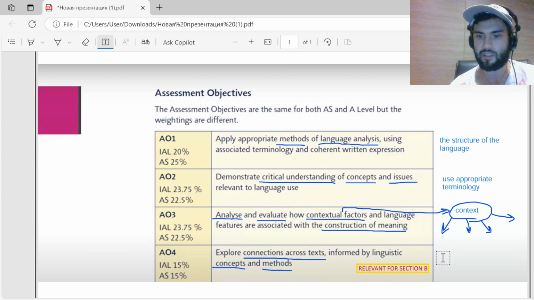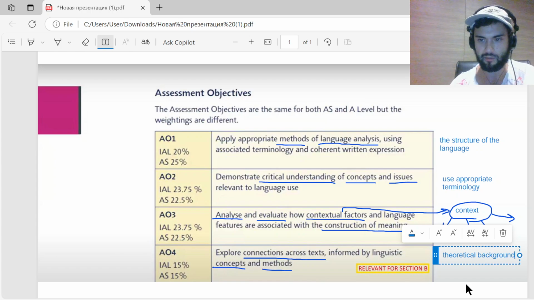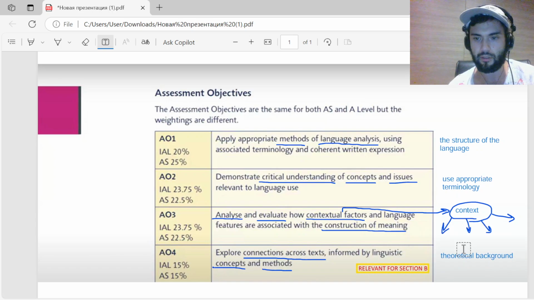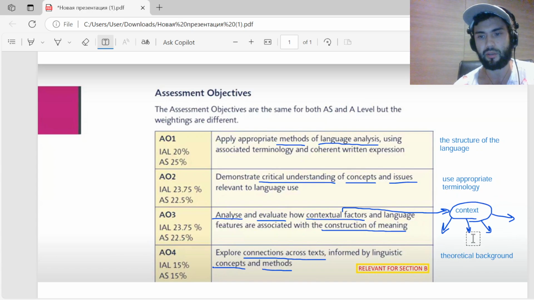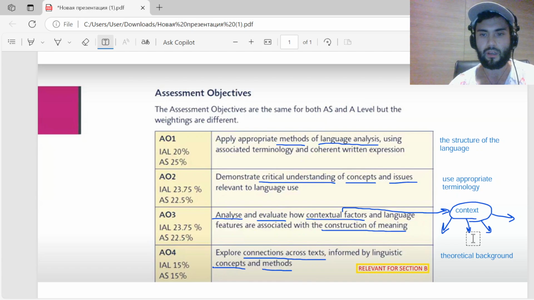So in brief, we can say that this is the theoretical background that you need to show in reference to the points you're making about the context, about the specific devices and tools that you see in the text.